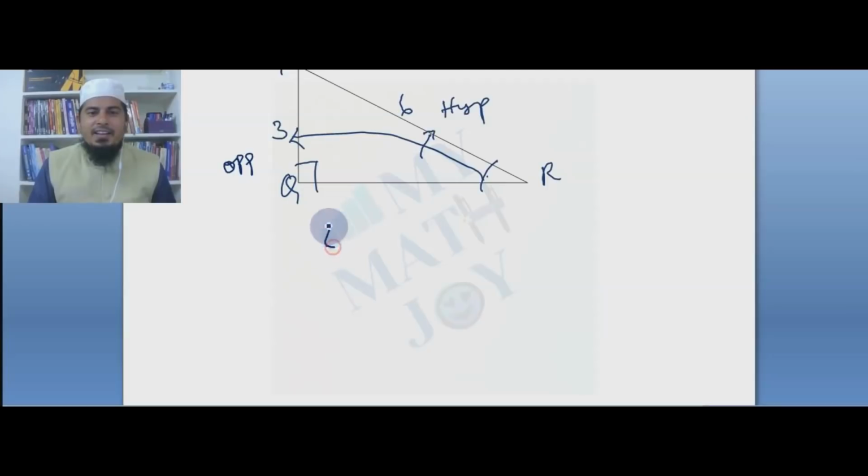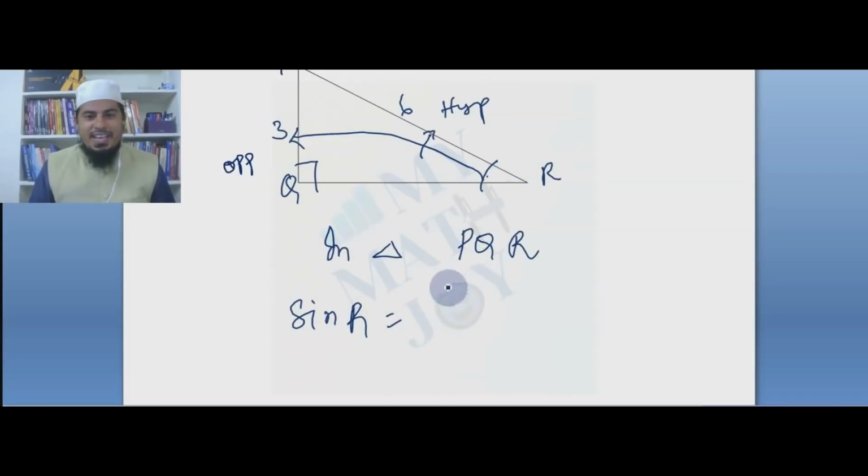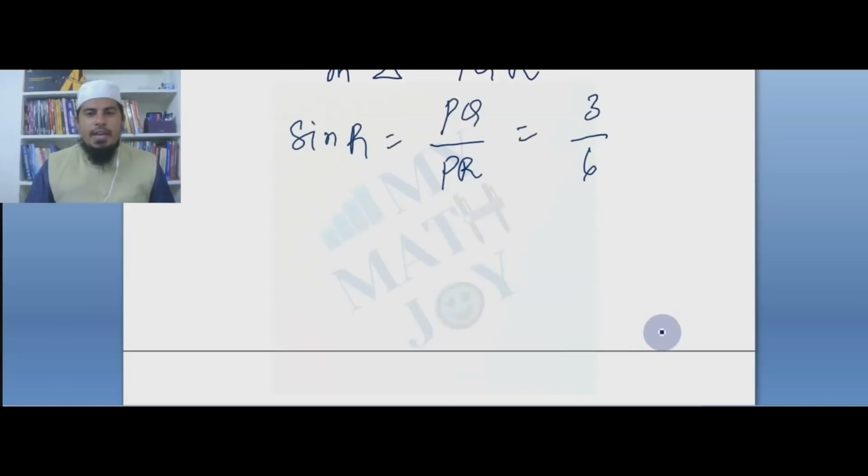So in triangle PQR, sine R is opposite by hypotenuse, so it should be PQ by PR. PQ is 3, PR is 6. If you reduce to the smallest form, it becomes exactly 1 by 2.